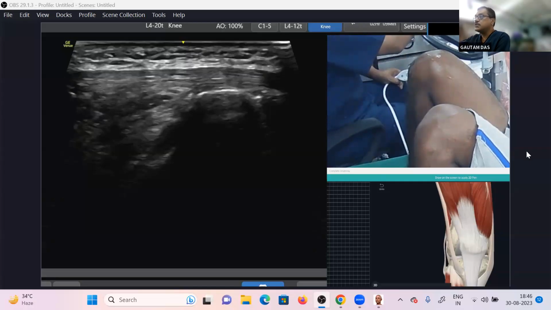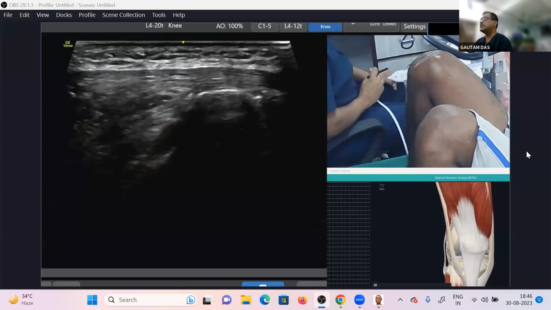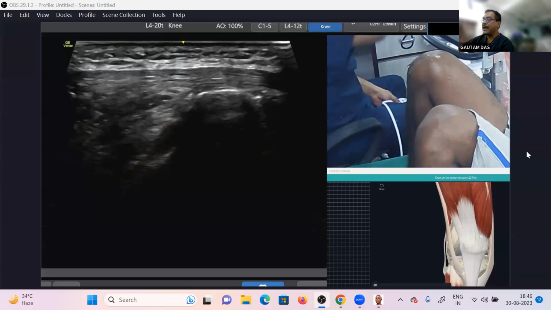And this hypoechoic structure bounded by two hyperechoic structures is your ACL. I'm removing the drawing so that you can appreciate it nicely. The ACL always looks hypoechoic. Why? Because it is deep and going down, and that is the reason echoes will not come back to your transducer. So it will look hypoechoic in this view.